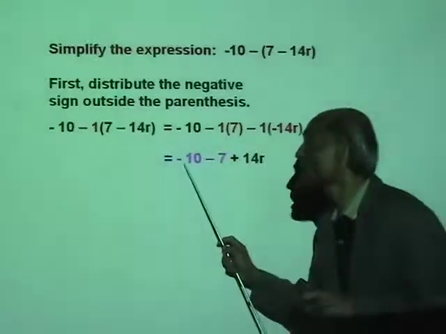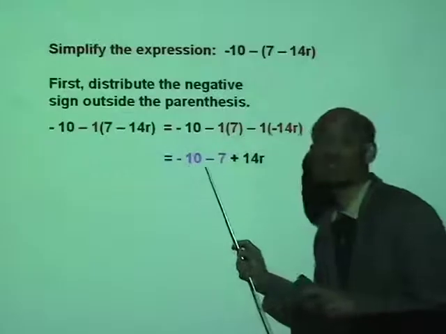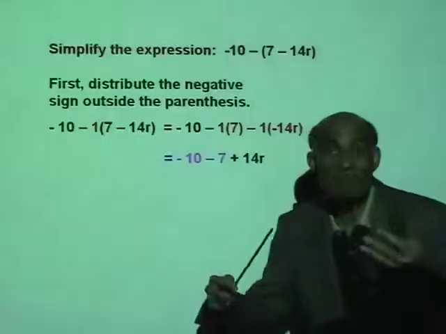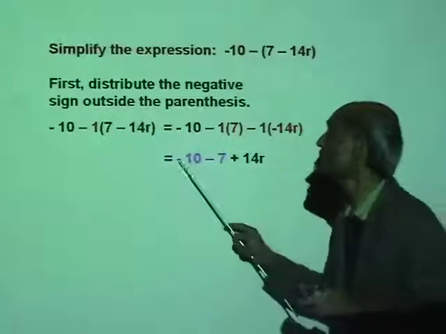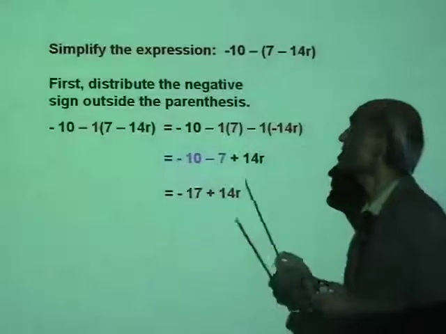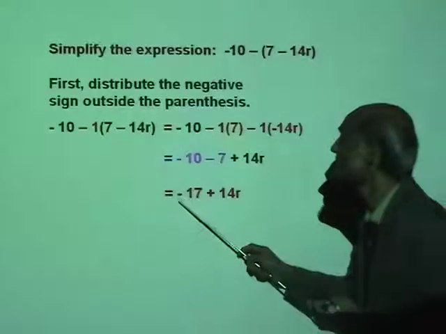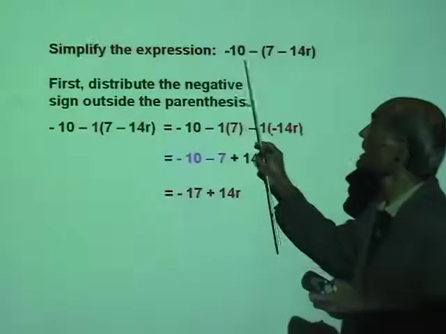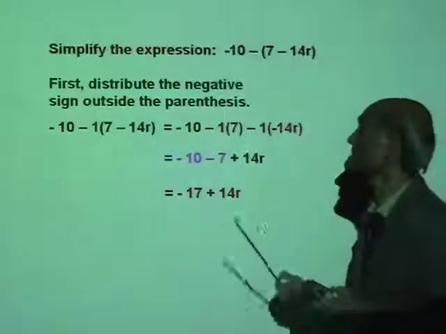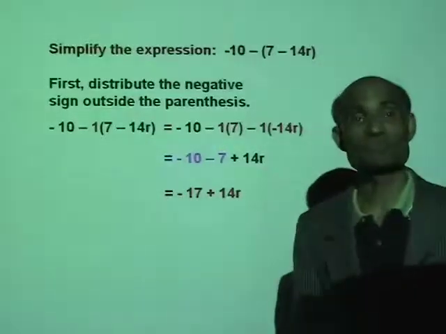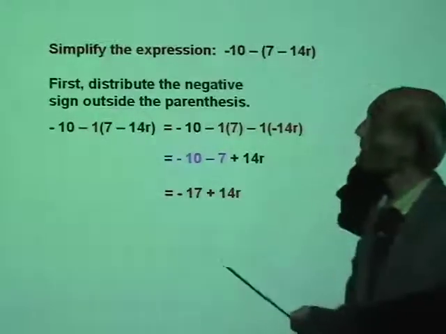Now, why did I color these two numbers purple? Because they are like terms I can combine. What is negative 10 minus 7? Negative 10 minus 7 is negative 17. So the result of simplifying this expression is negative 17 plus 14r. Okay, another one.